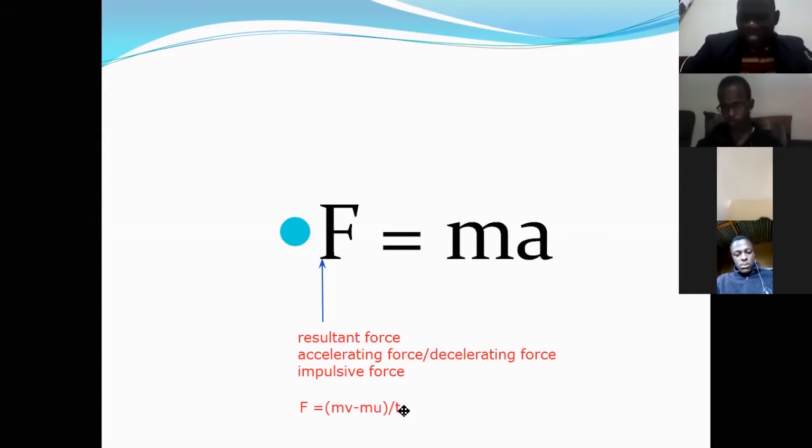Because the time is longer in the denominator, this force will be less. So hitting a mattress, you will experience less impulsive force because of the prolonged time. But when you hit a wall, you will experience higher impulsive force because the time taken is too short.